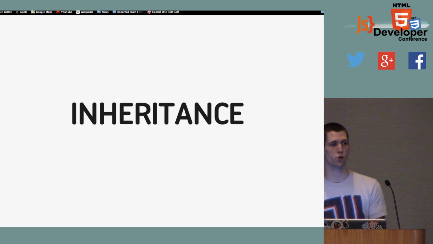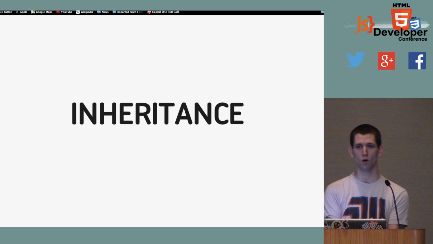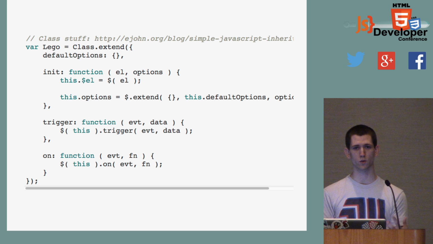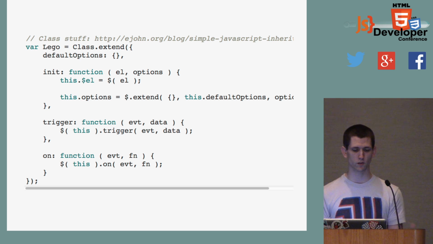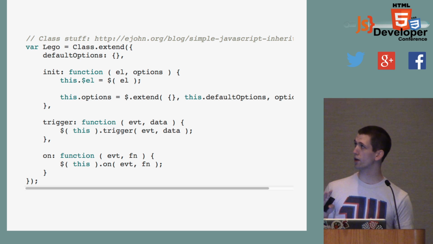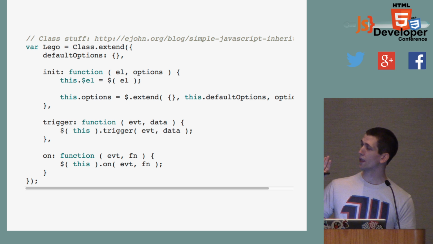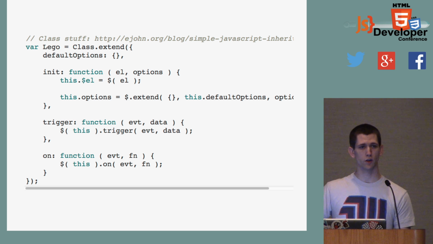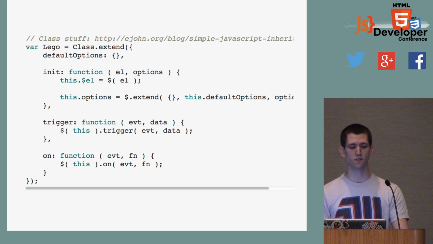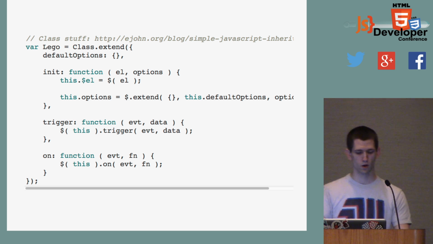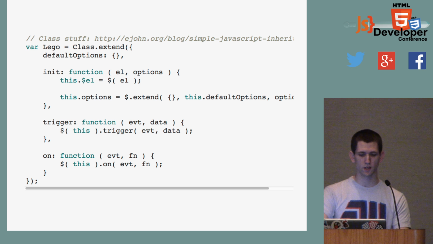The first thing I have to show you is the base class that all my reusable components extend from, so that you have some context. So here is the base class. I call it Lego. It's using John Resig's style of JavaScript inheritance here. When I say class.extend, I'm defining a class, and these are properties that go onto the prototype of the class. My default options is set to an empty object, and then init is my constructor.